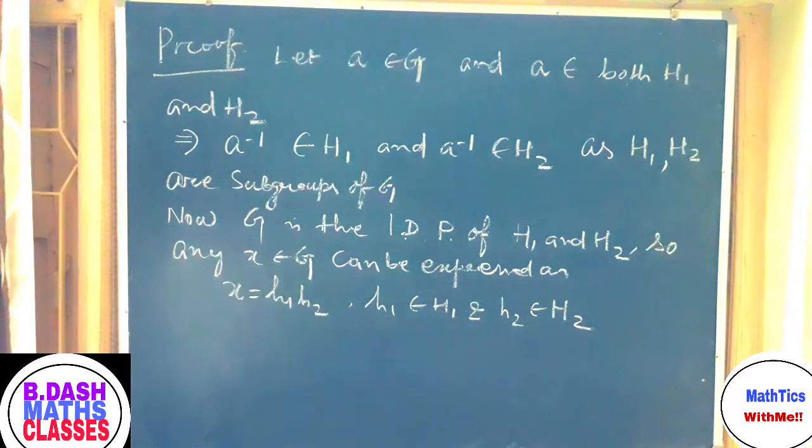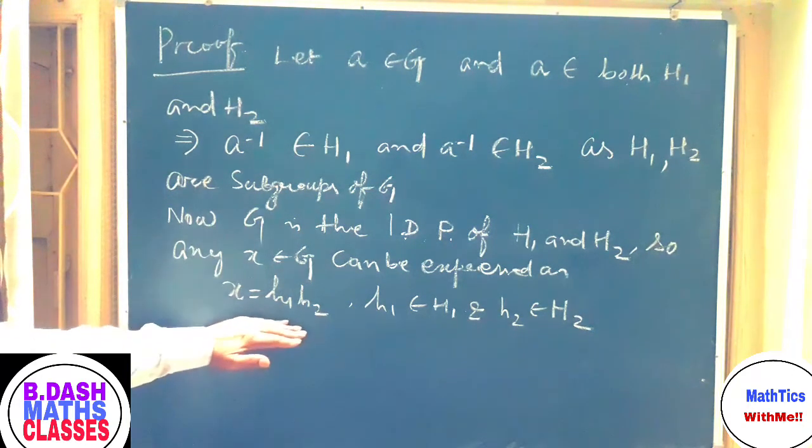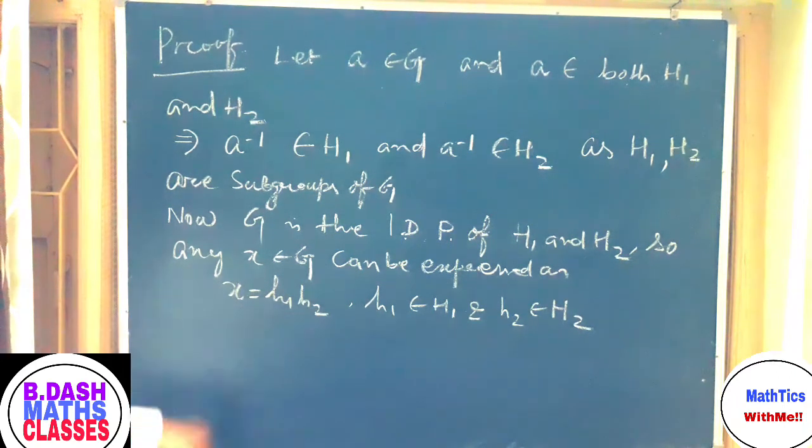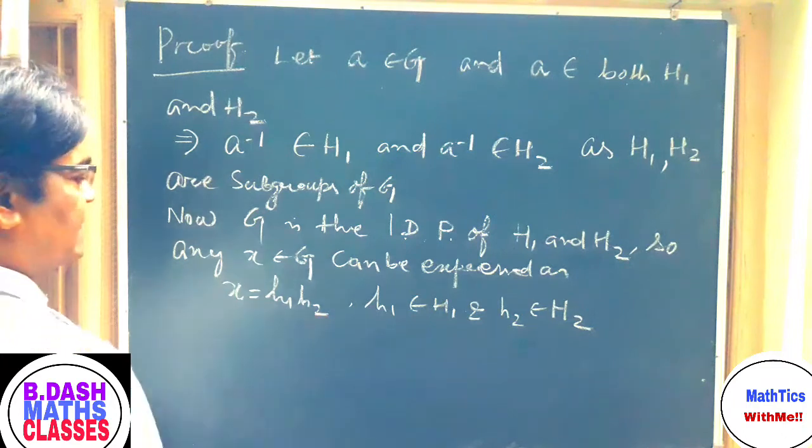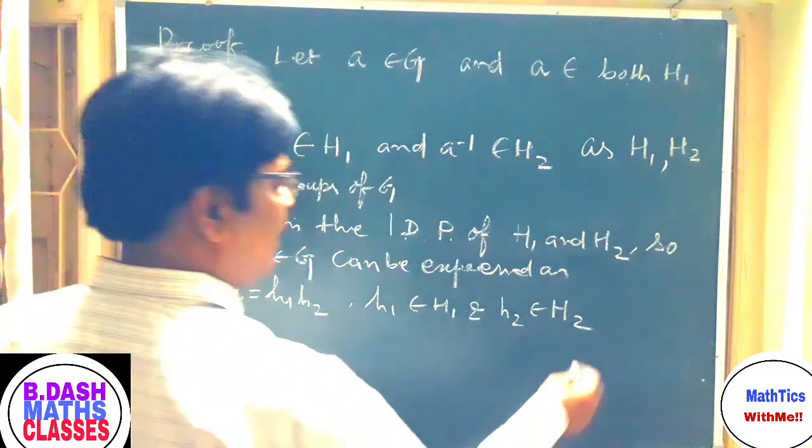Because G is the internal direct product of H1 and H2, any element of G can be written as the product of the first element from H1 and the second from H2. This expression is unique.